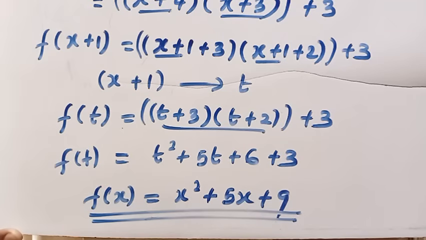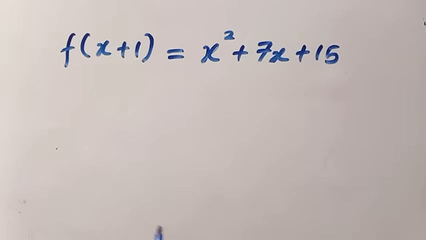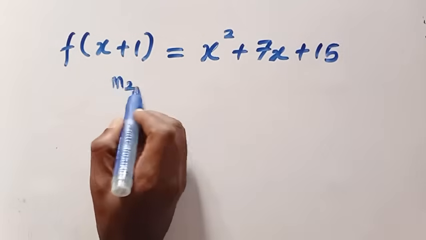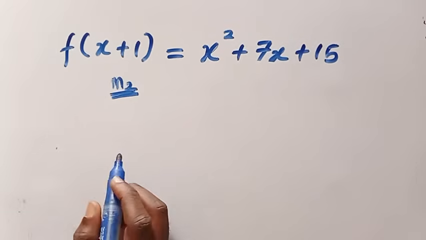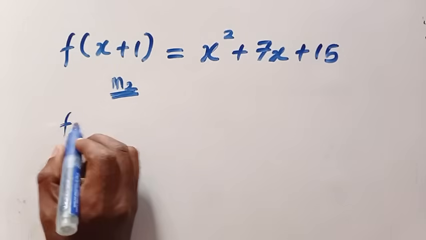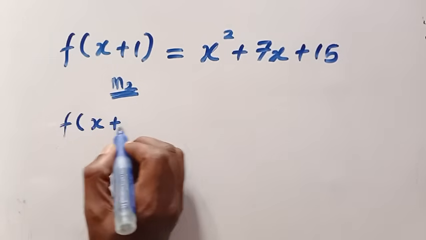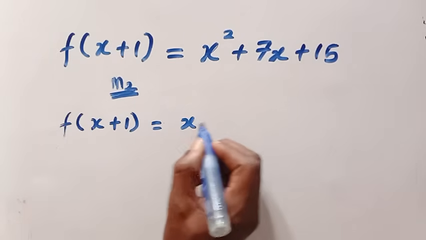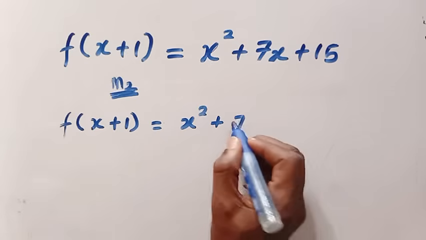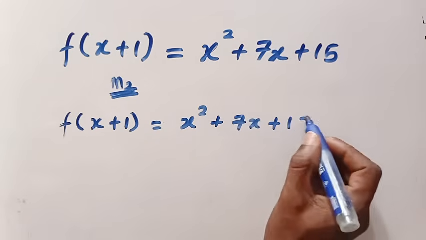So let's apply the second method to solve this. For the second method, let's say method 2, we have f(x + 1) = x² + 7x + 15.